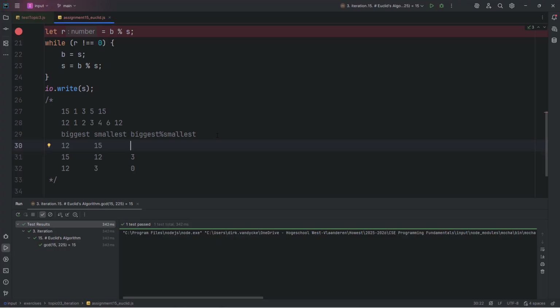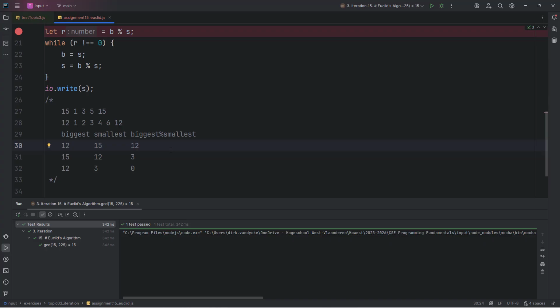If I divide 12 by 15, 15 goes 0 times in 12, and the remainder will be 12. So 12 is 0 times 15 plus 12.